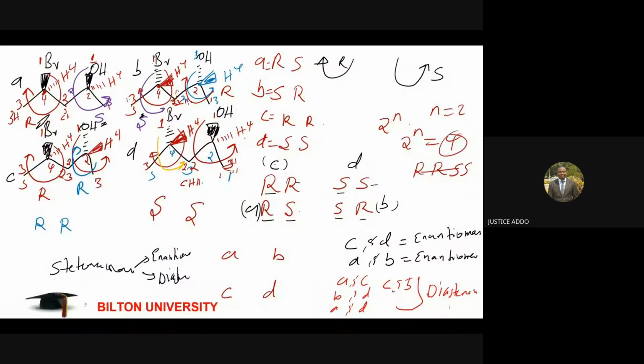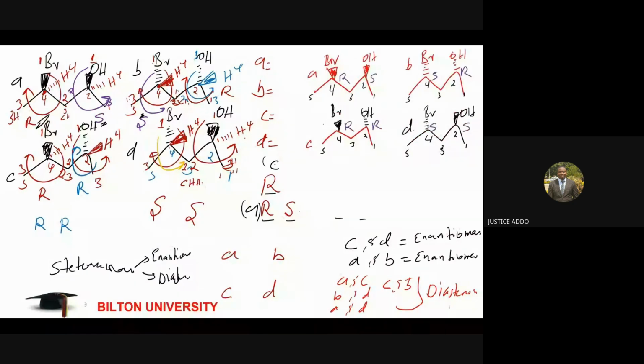Why do we say diastereomers? I want you guys to look carefully. Now, I have redrawn our molecules. Why do we say C and D are enantiomers?